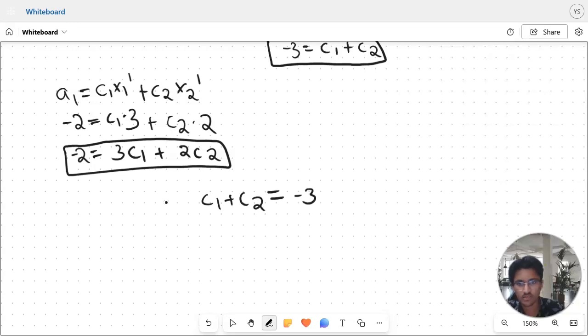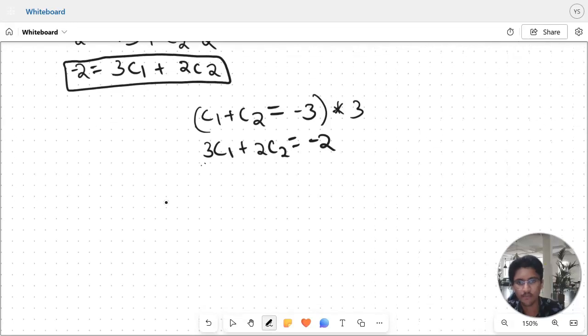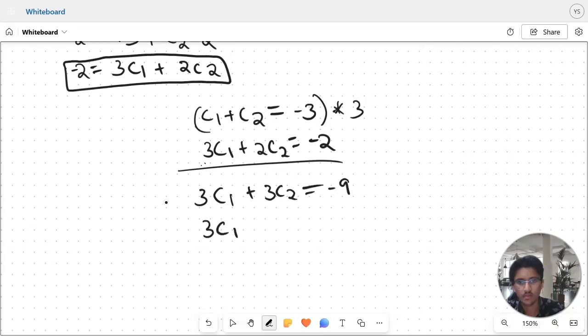C1 plus C2 equals -3, and 3C1 plus 2C2 equals -2. I'm looking at these two coefficients and I'm thinking, let's multiply this by 3. What that's going to give us is 3C1 plus 3C2 equals -9. Then 3C1 plus 2C2 equals -2, because we didn't do anything to the bottom equation.